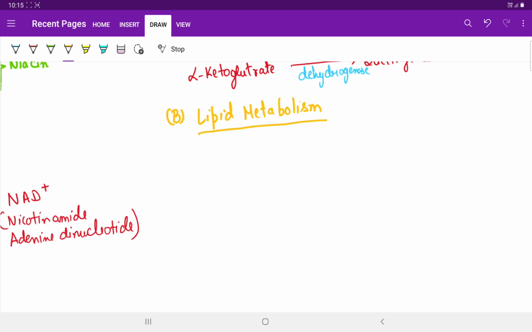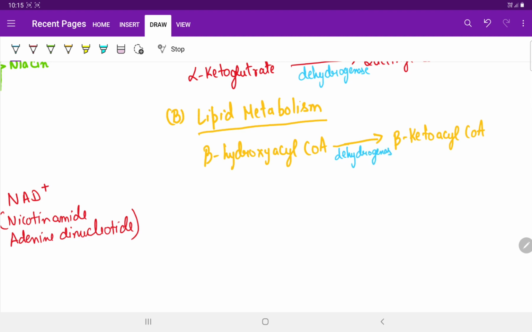First is the conversion of beta hydroxyacyl coenzyme A into beta ketoacyl coenzyme A. So you all have learned about these reactions in the beta oxidation. So this also occurs in the presence of enzyme beta hydroxyacyl coenzyme A dehydrogenase. So this is again a dehydrogenase enzyme.